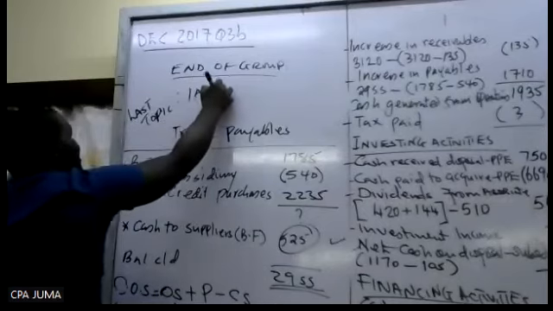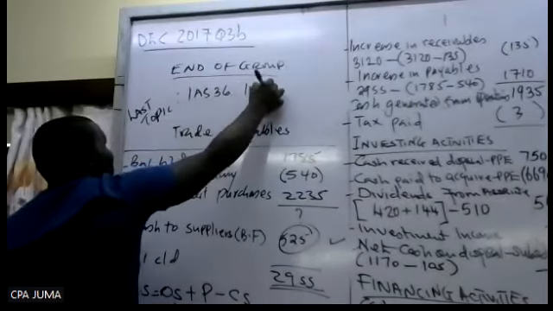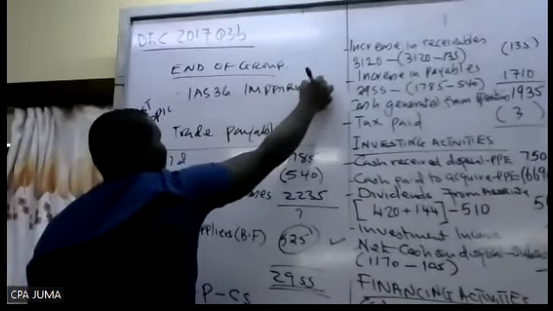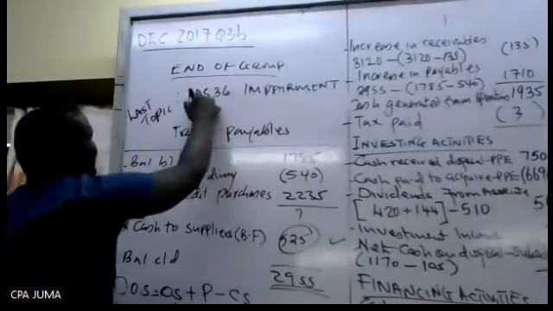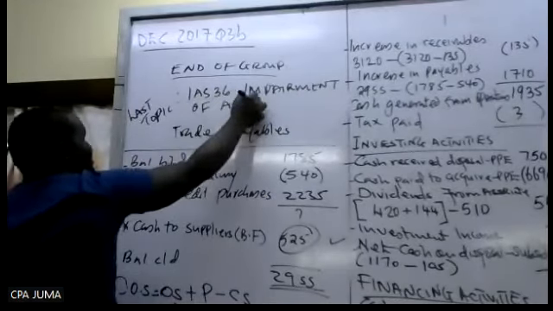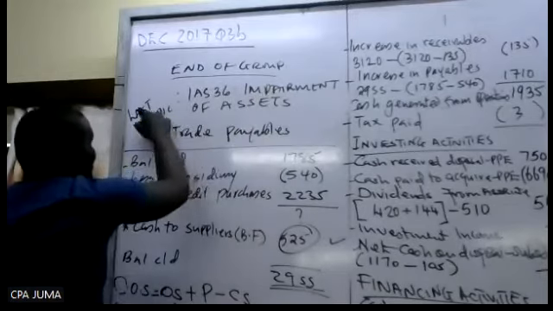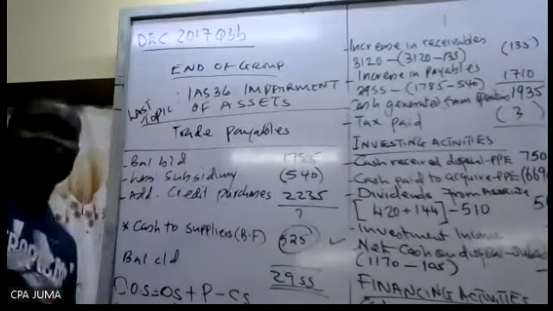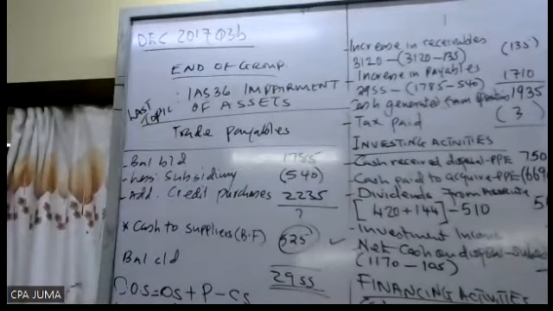IAS number 36. Impairment of assets, where we even cover the IPSAS. Impairment of assets. That is the last one.